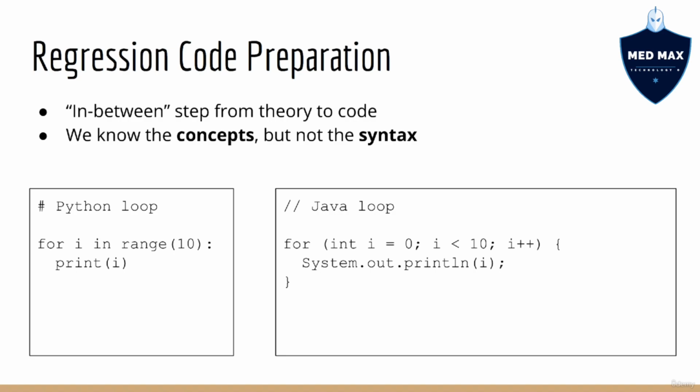I see a lower limit and an upper limit. The lower limit is 0, and the upper limit is 10, which are inclusive and exclusive respectively. Same thing in Python, except that the lower limit is implicitly 0 in Python, so you don't have to specify it unless you want something other than 0. Finally, I see that inside the loop, we again have the same concept, printing, but again, just with a different syntax.